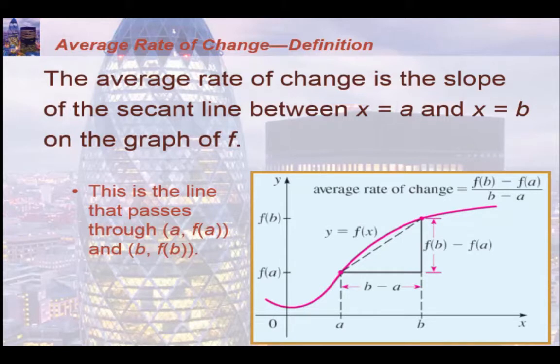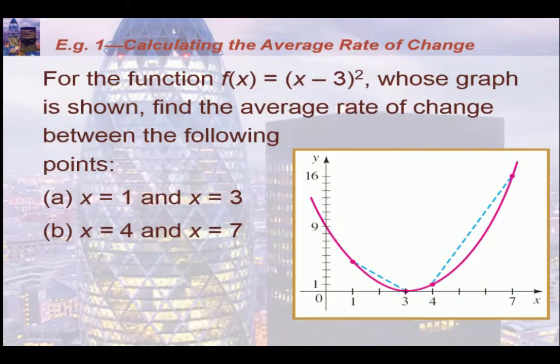In the next few minutes, we're going to show you how to do this. We'll give you a problem like this one where you're given a function and you have to find the average rate of change on the interval between 1 and 3, and then the interval between 4 and 7.